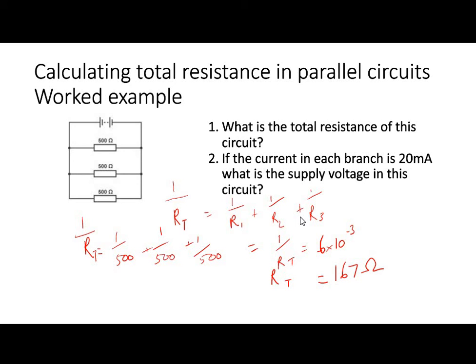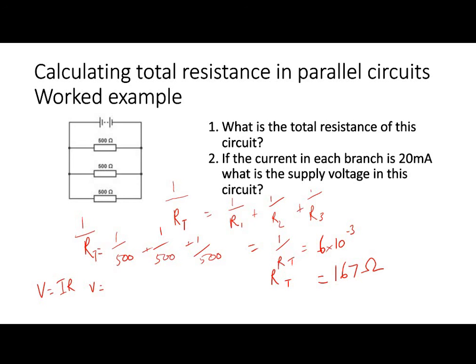Now, the second part of this question, the last part for today, is that if the current in each branch is 20 milliamps, what is the supply voltage in this circuit? All I needed to do for that is just use my V equals IR. V equals my current, which is 20 milliamps.